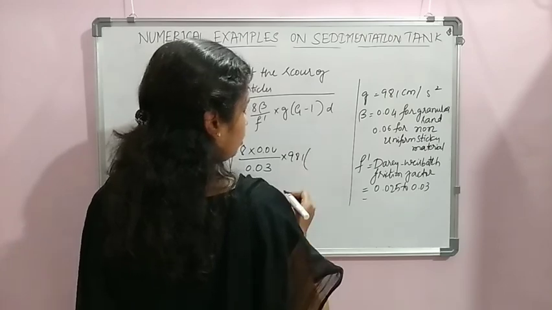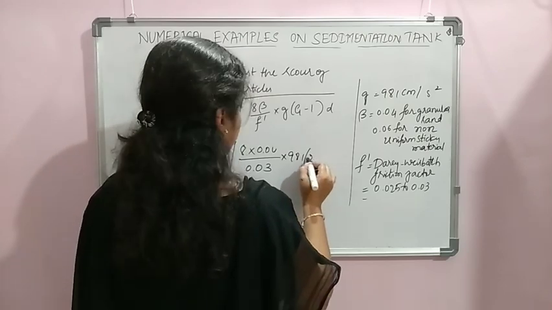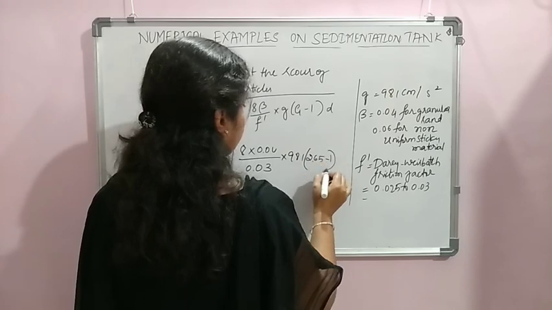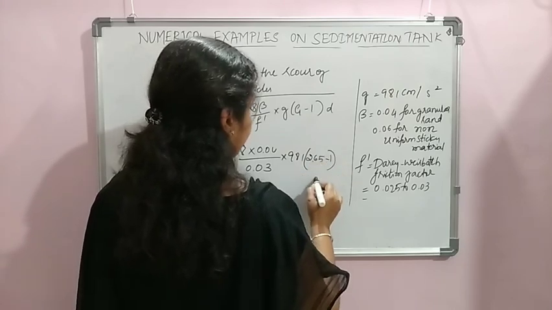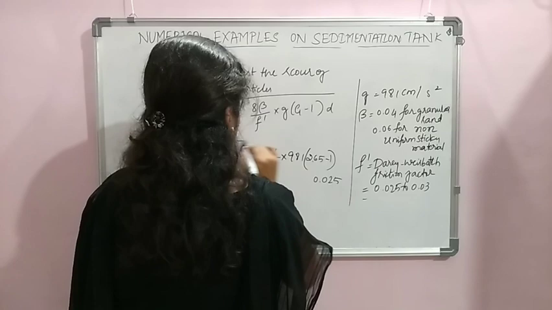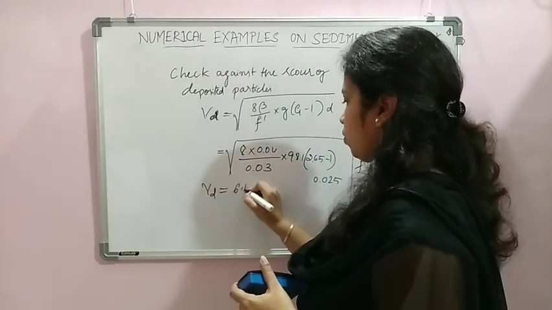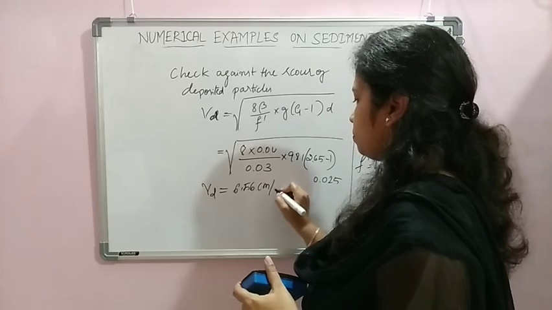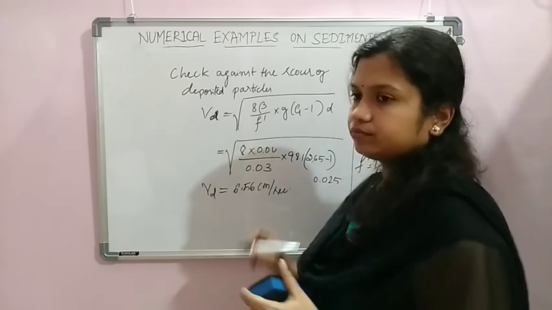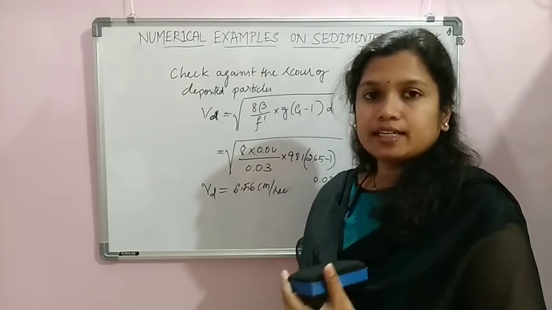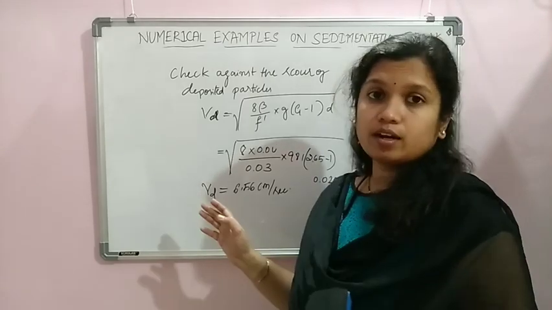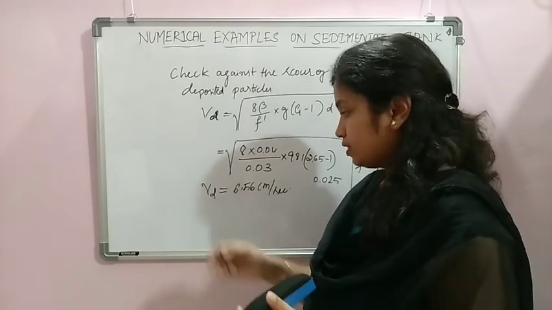This is g. G value is 2.65 minus 1 into diameter, which we have as 0.025. So the Vd value will come as 6.56 centimeters per second. This is the required value for the scour velocity.